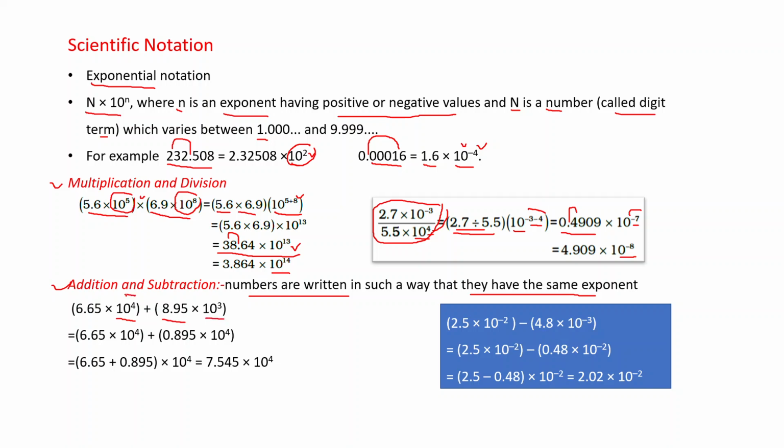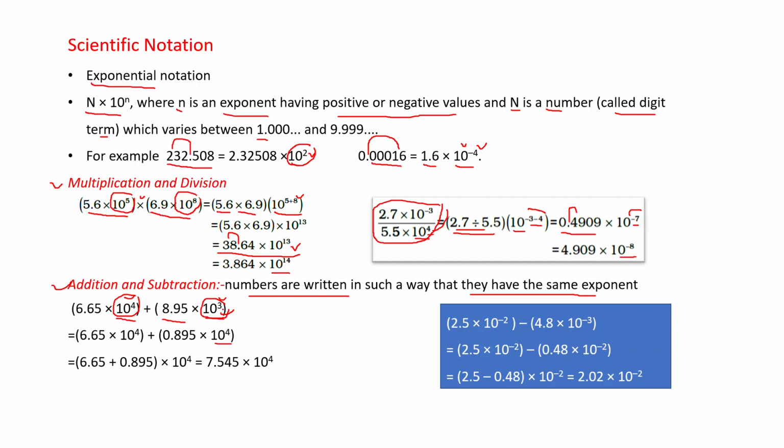Now in this case, this is 10 raised to the power 4 and this is 10 to the power 3. What we will do is change these exponents into the same exponent, that is, the same power. You can change 10 to the power 4 into 10 to the power 3, or you can change 10 to the power 3 into 10 to the power 4. Now I have changed 10 to the power 3 into 10 to the power 4.